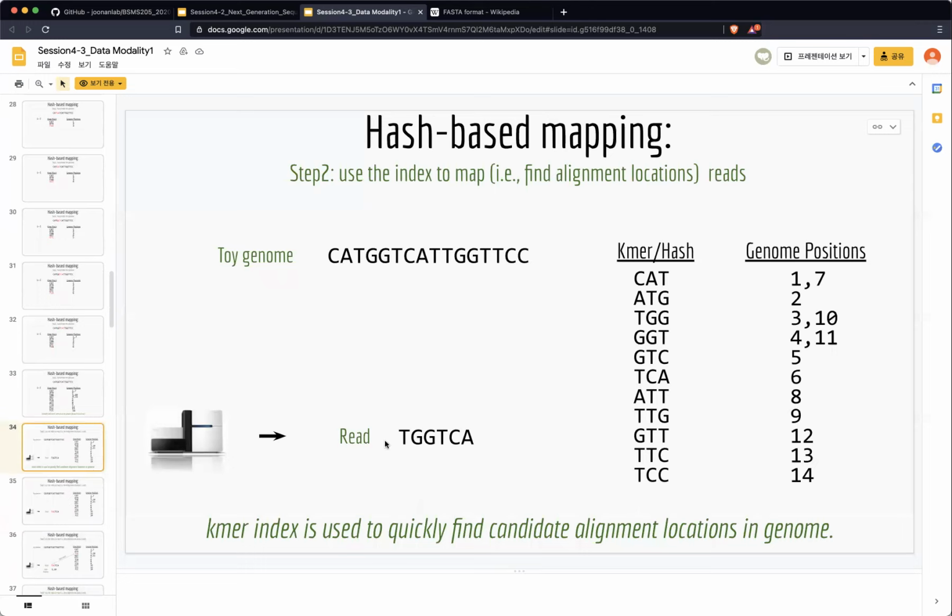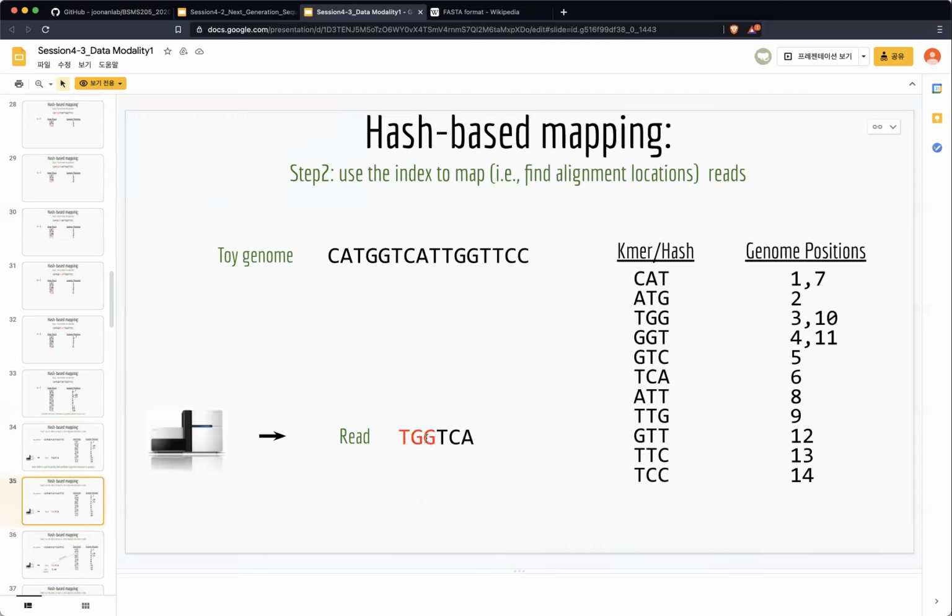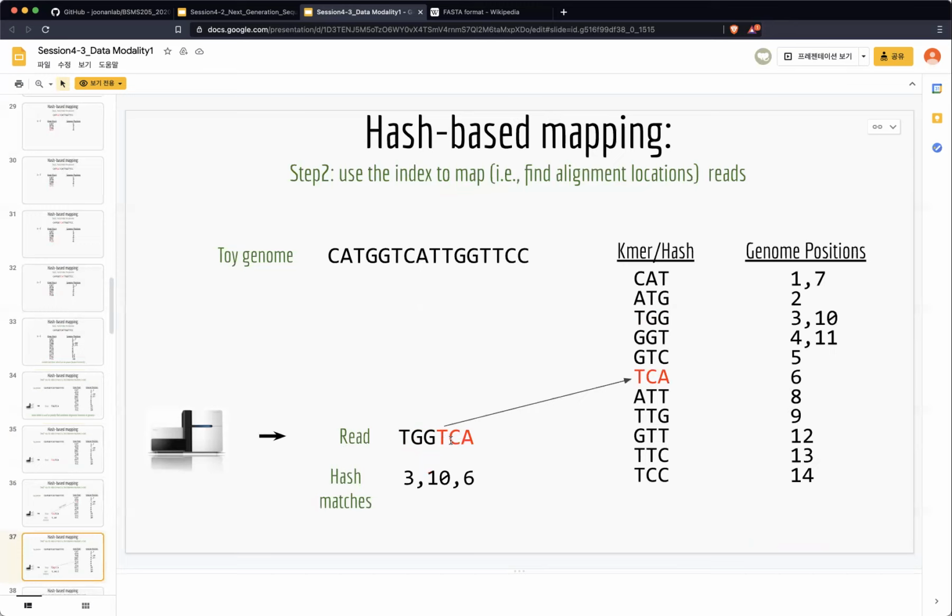So if you get the read information T, G, G, T, C, A, right? Then you can easily think about reading the first 3 characters, and it's from where? It's from the third position, right? And then the TCA is from the 6th position, right? So you can easily think that it matched to 3 and 6.